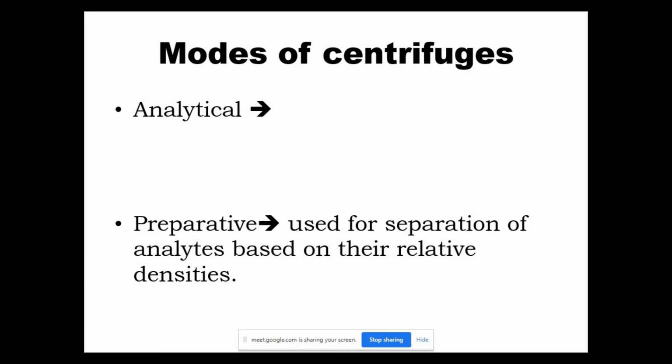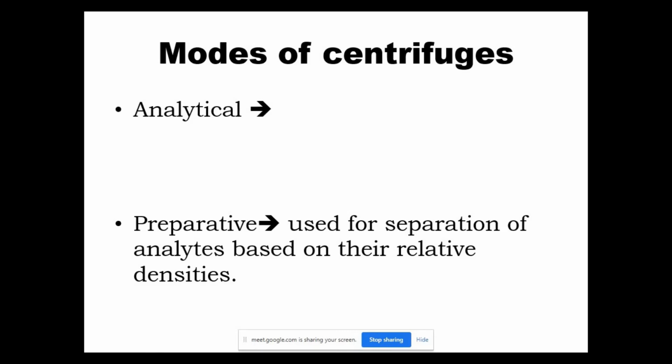You took out the plasma. Another thing is, those of you who will be working in virology, if you want to purify virus, what happens? Viruses are small particles. If you go for centrifugation, the difference in the density of the viral particles and the medium, that is water, is very, very less.